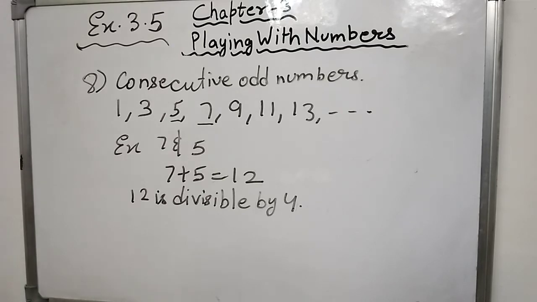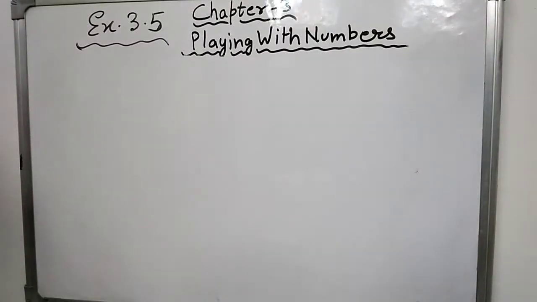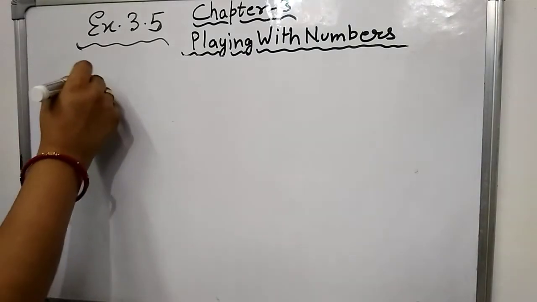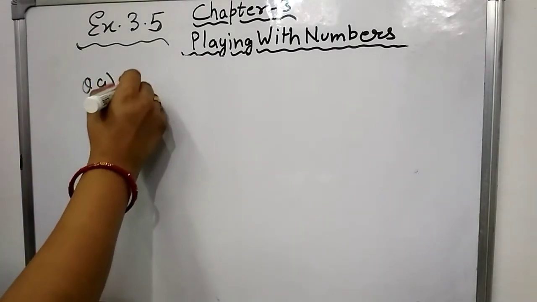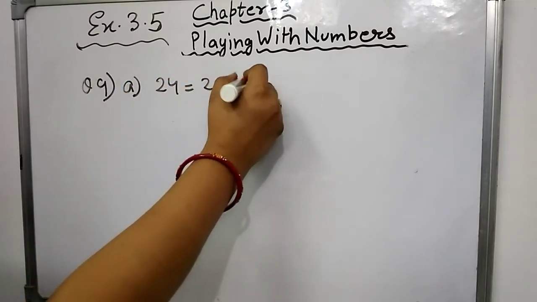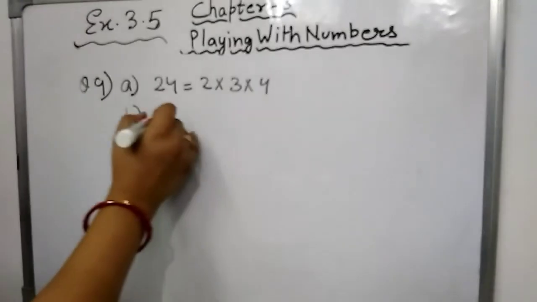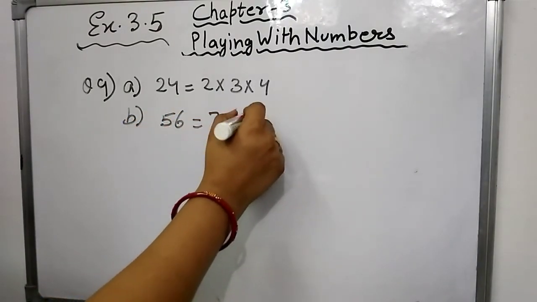Come to next question. Question number 9. In which of the following expressions has prime factorization been done? You are given 4 expressions and you need to check in which of these expressions prime factorization has already been done.